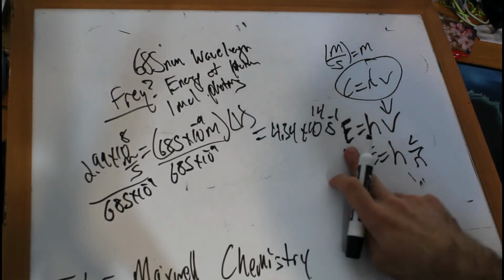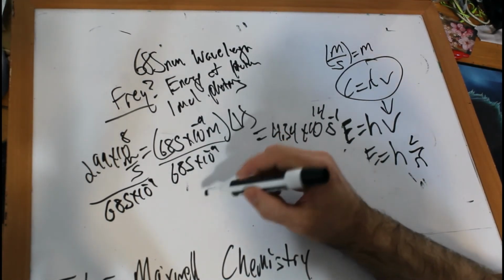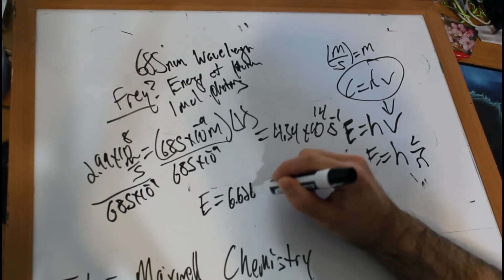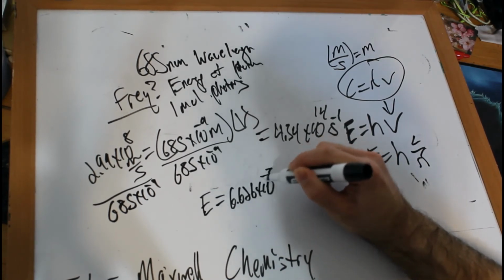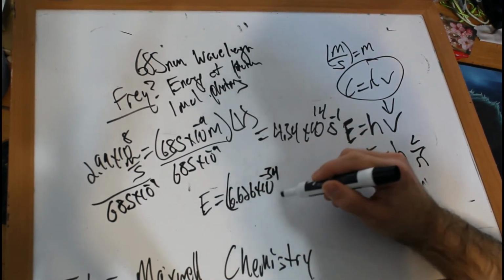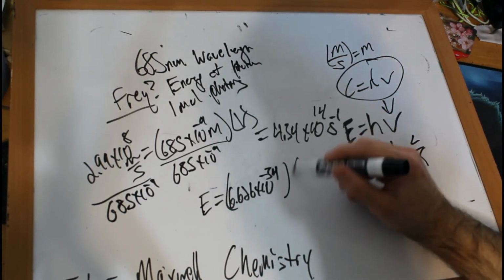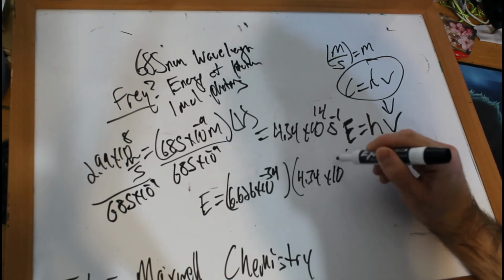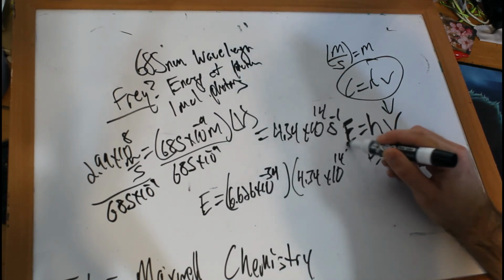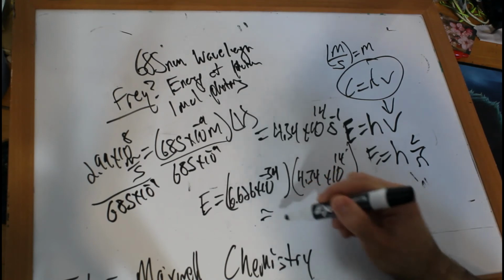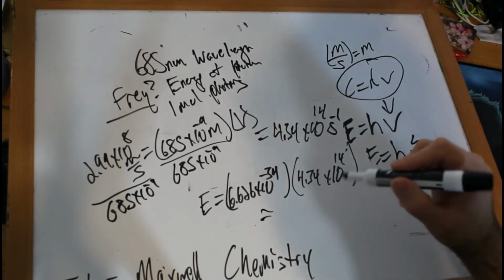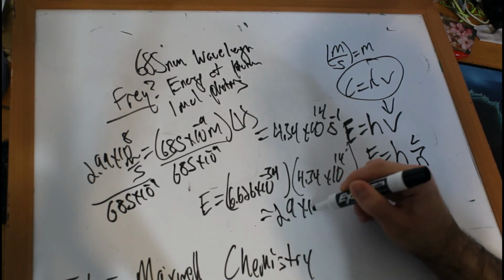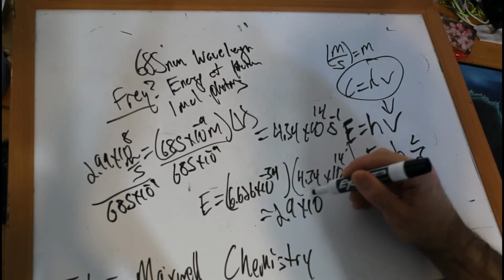Here, since we've already got frequency, we can use E is equal to h, which is 6.626 times 10 to the negative 34, Planck's constant, and then our frequency, 4.34 times 10 to the 14.